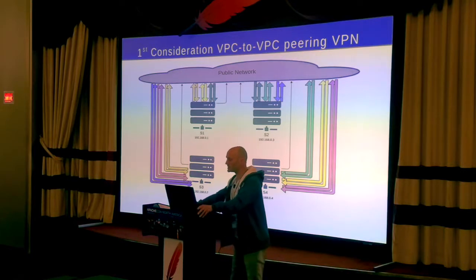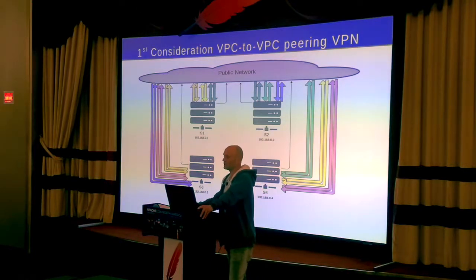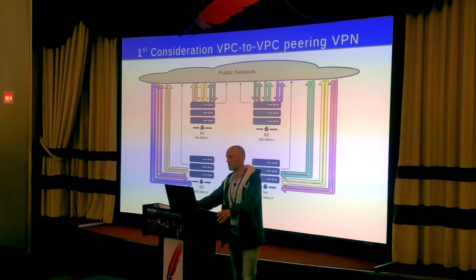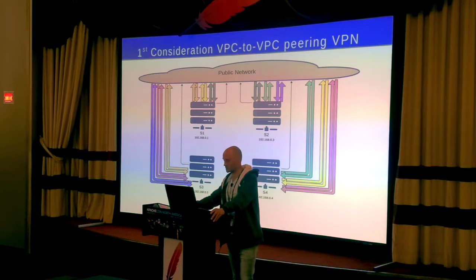So to peer 4 VPCs to each other, you need 6 VPN connections, but times 2 for the connections for each VPN connection. And so in the end, that's 12 VPN connections. So there's quite a lot of setup involved in this approach, and it's quite involved, a lot of administration just to set this up.